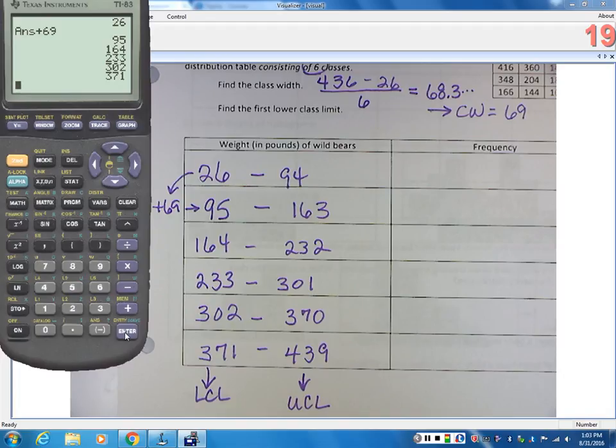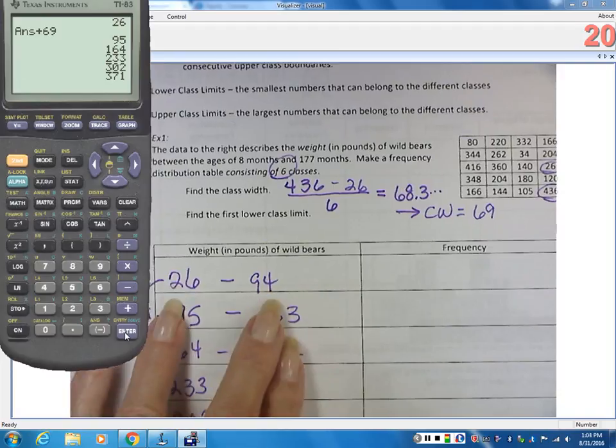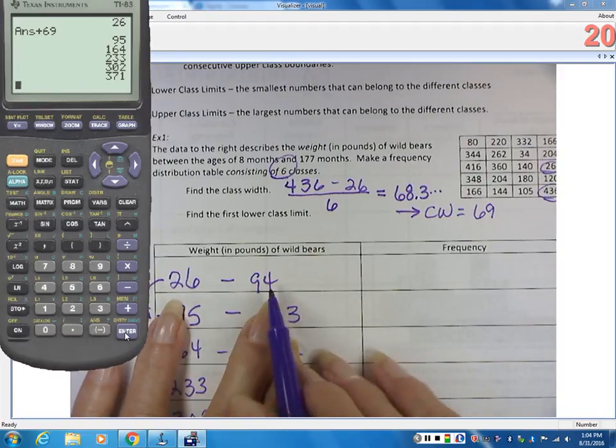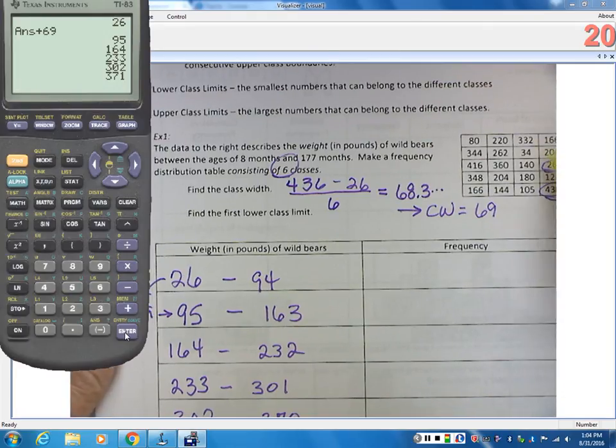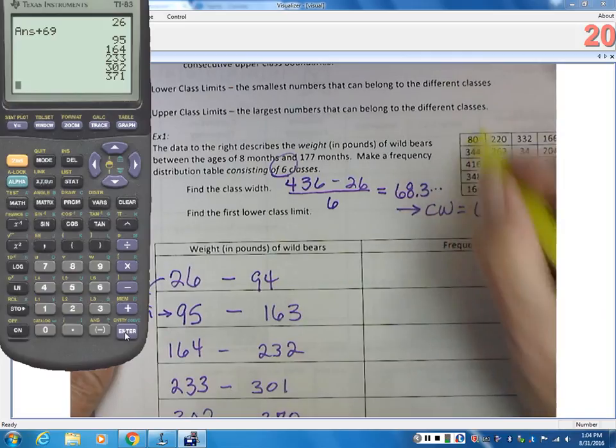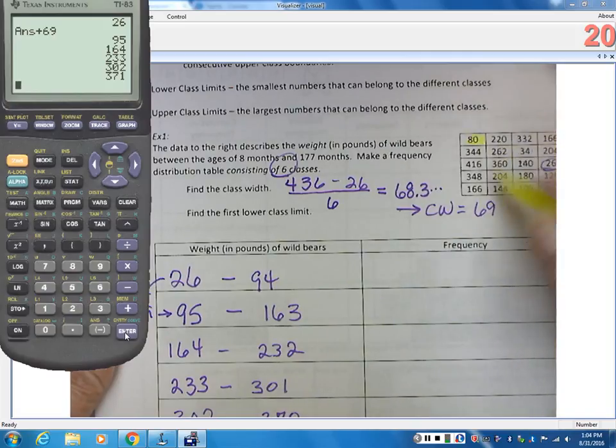Now, one way to do this would be to go through looking at the data and saying, okay, I need everything from 26 to 94. So here I have 1, 2, 3, 4, 5.